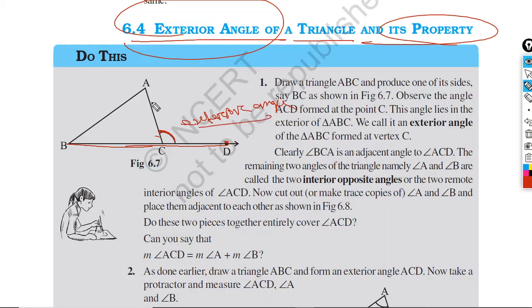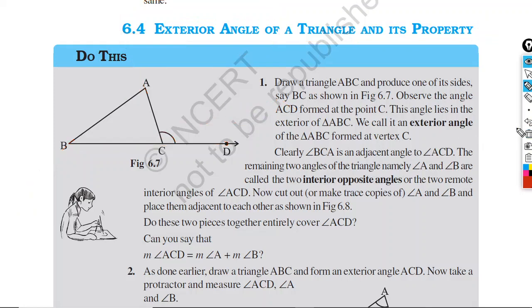There are several more exterior angles. Like if you extend CA to E, then this angle EAB formed is an exterior angle. Again, if you extend AB to F, then angle CBF will also be an exterior angle.